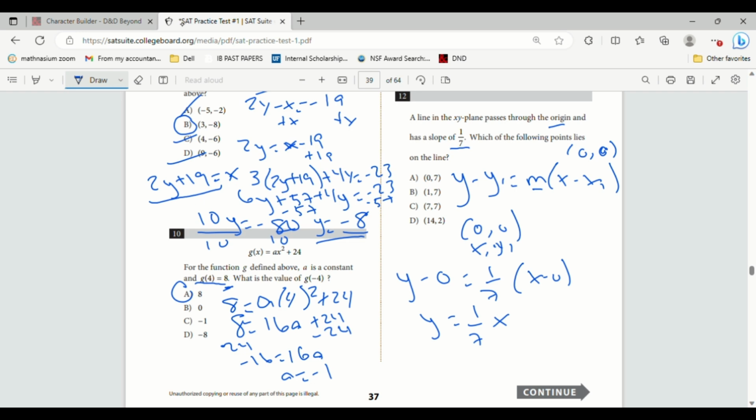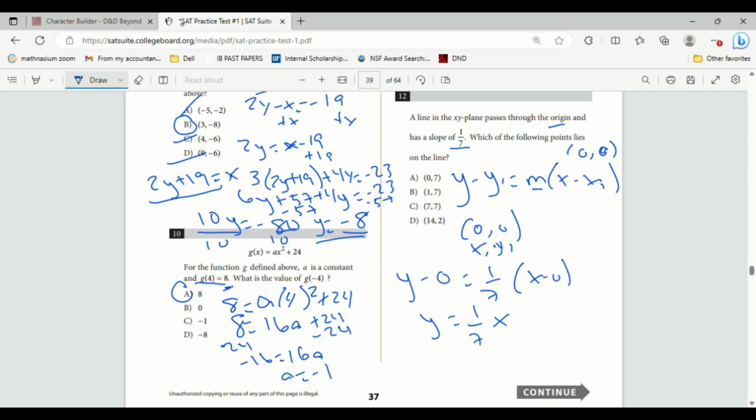Because it's 1/7 times x minus 0. And now, which of the following points lies on the line? To determine this, we can simply plug in all these points into our function, and if we get two numbers that equal each other, then that point is on the line.